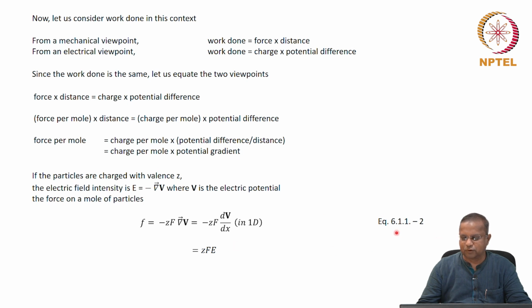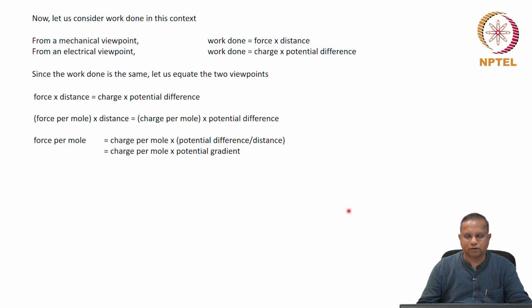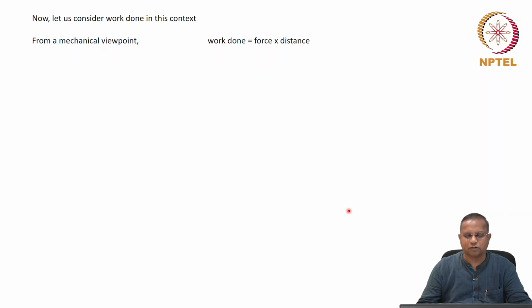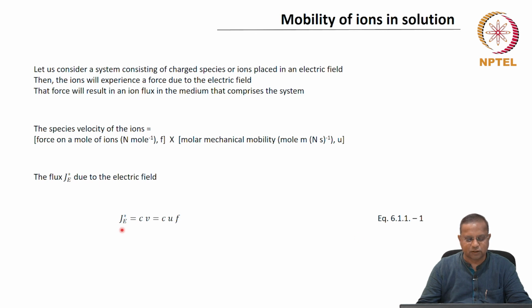This is 6.1.1-2, which gives us an expression for the force per mole, which is ZFE, and 6.1.1 is the expression for the molar flux in an electric field, CUF. Okay.